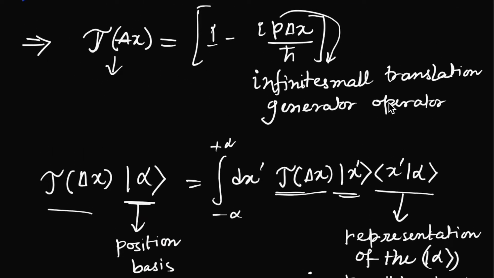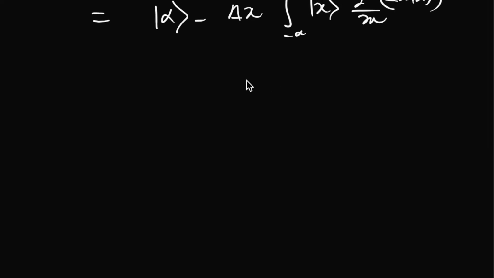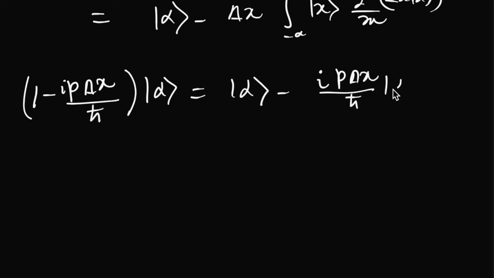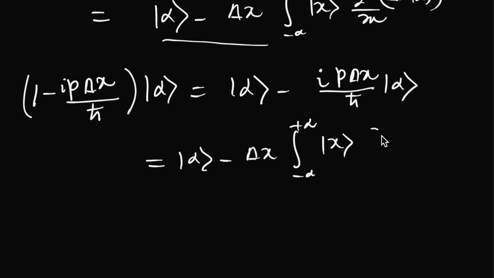And as we know, this tau delta x can be written in terms of momentum. If we write that, 1 minus i p delta x by h cut operating on alpha will give alpha minus i p delta x by h cut alpha. That means this is equal to alpha minus delta x integral dx |x> del x <x|alpha>.